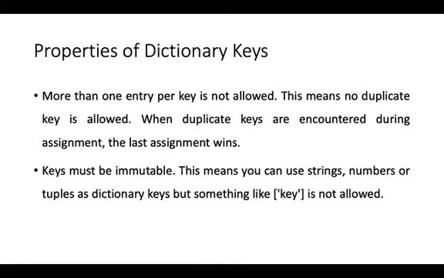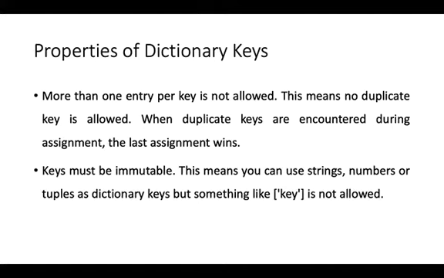Moving forward. So what are the properties of the dictionary keys? More than one entry per key is not allowed. This means no duplicate key is allowed. When duplicate keys are encountered during assignment, the last assignment wins.